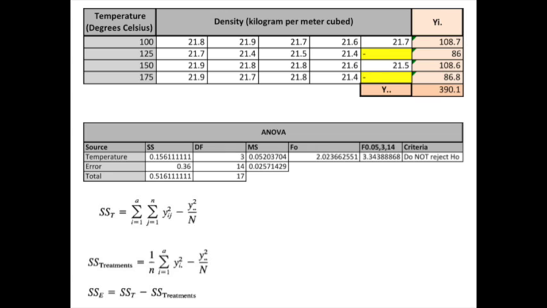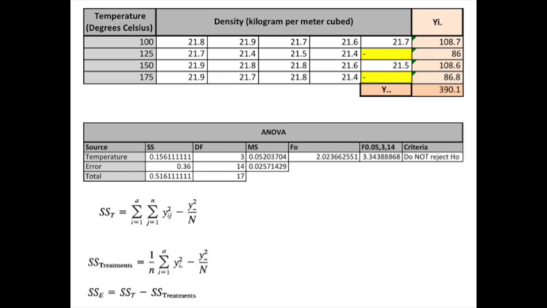The sum of the squares of the temperature of the treatment is as follows on the second equation at the bottom. The only thing that we must notice is that 1 over n must go inside the parentheses, the summatory, since the n's are not constant. So for every yi dot, the n is different.